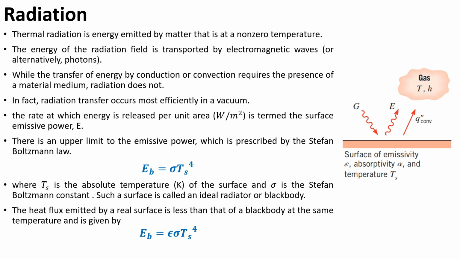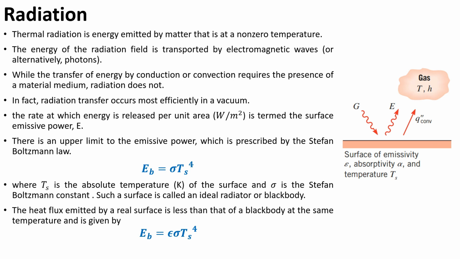Black body does not mean black in color. We will discuss in detail what a black body is when we study radiation in detail. E_b equals sigma T_s to the power 4 is the black body radiative power, or black body emissive power.